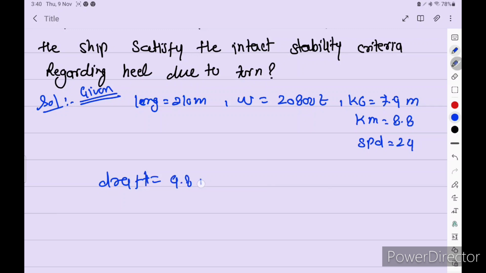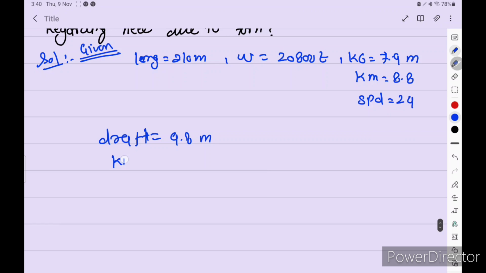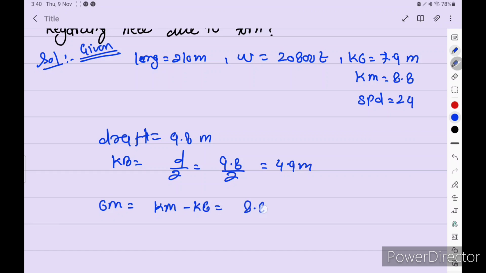So what is KB? Draft by 2, so 9.8 divided by 2, which is 4.9 meter. GM is KM minus KG, both values given in the question. So 0.9 meter is our GM.